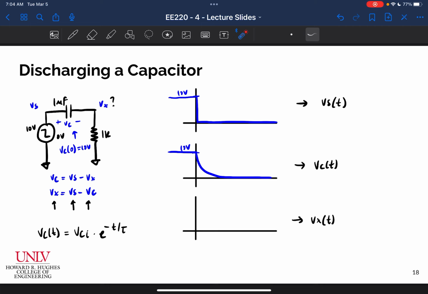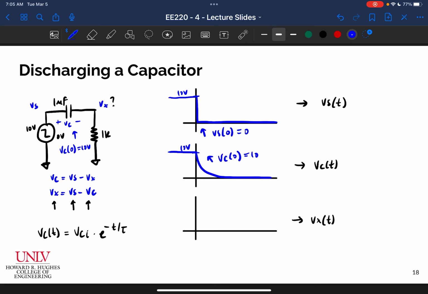And so I'm interested in seeing what happens to VX of t. If VX is VS minus VC, what happens at time t equals 0 is very interesting. At time t equals 0, my VS of t is equal to 0, and my VC of t, because it can't change instantaneously, is still equal to 10. Let me write VC of 0 is equal to 10.